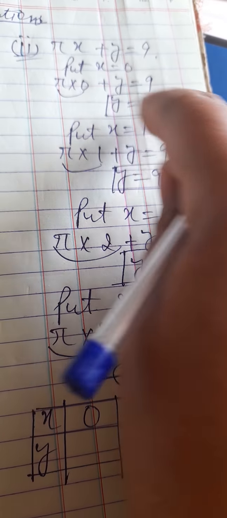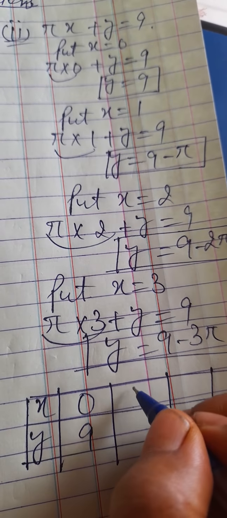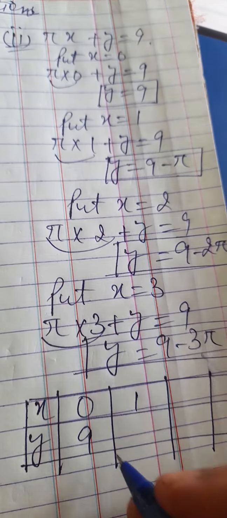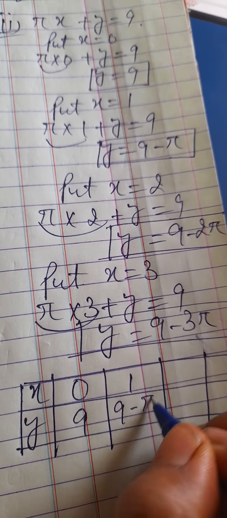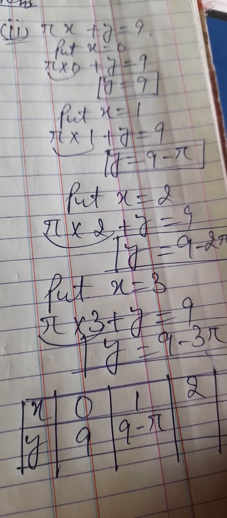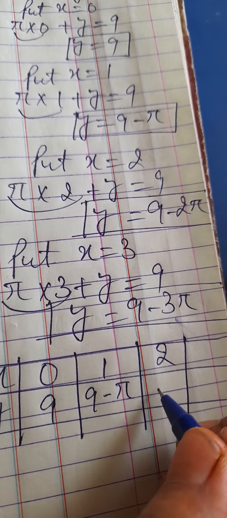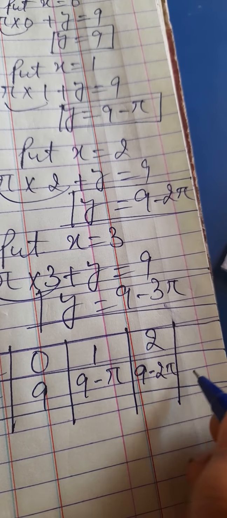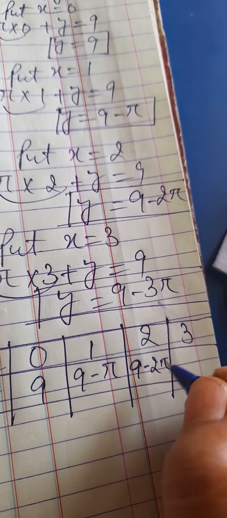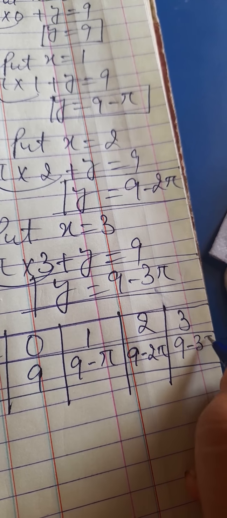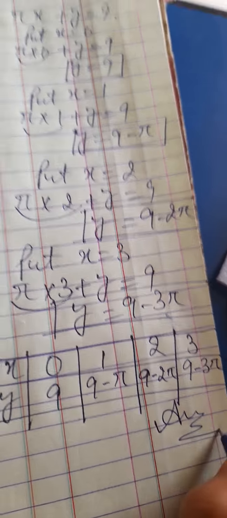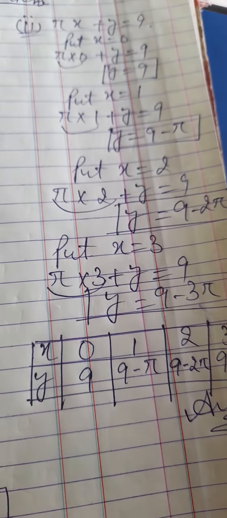When x is 0, y is 9. When x is 1, y is 9 minus pi. When x is 2, y is 9 minus 2 pi. When x is 3, y is 9 minus 3 pi. This is the solution of our second part.